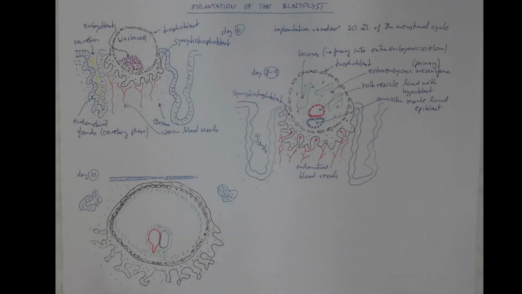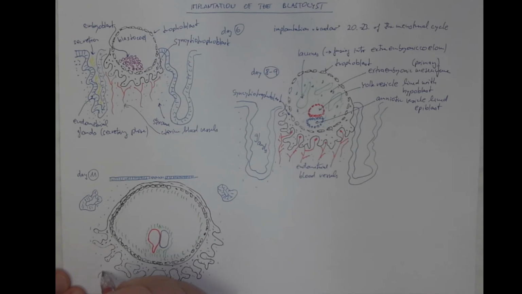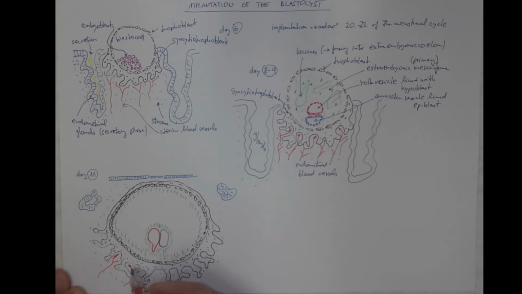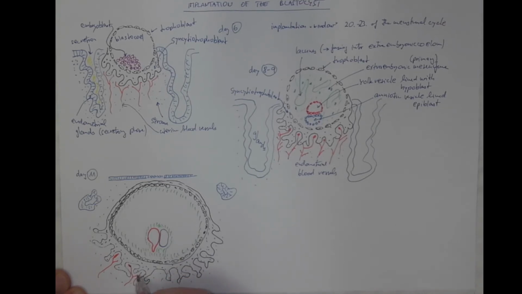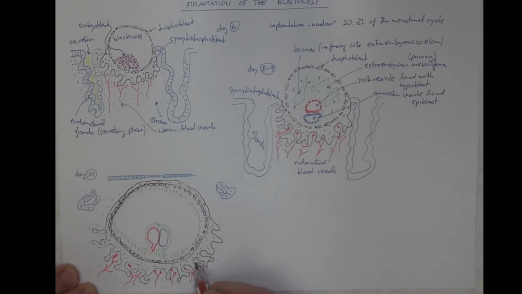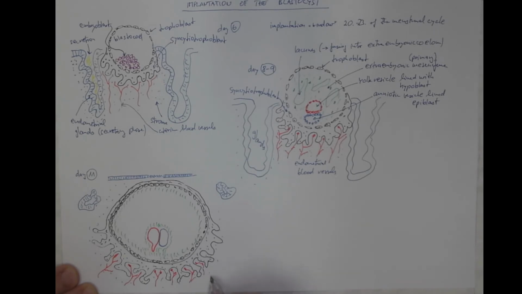And we got the blood vessels, some of which form kind of blood lacunae here in the space among the villi. And they will later on establish the placental circulation, the maternal component of the placental circulation.